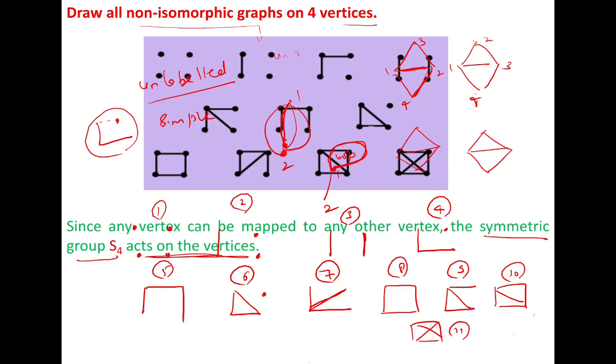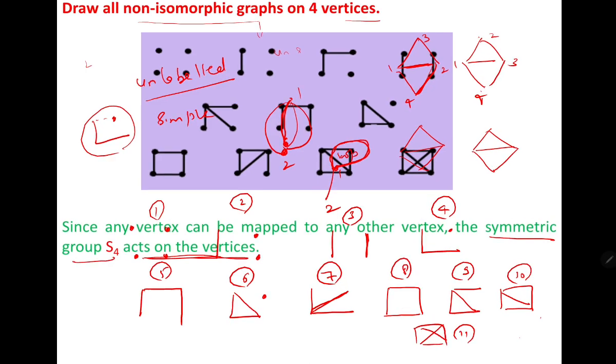So all cycles of length 4, or all combinations: 1 cycle of length 2 and 2 cycles of length 1, 1 cycle of length 3 and 1 cycle of length 1, all cycles of length 4. Why is it so? Because if you consider any graph, for example the fifth one, and you say 1 2 3 4 vertices are there.